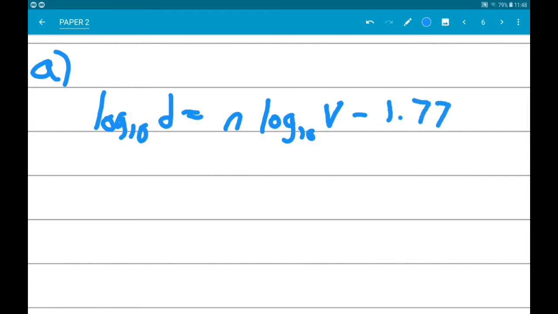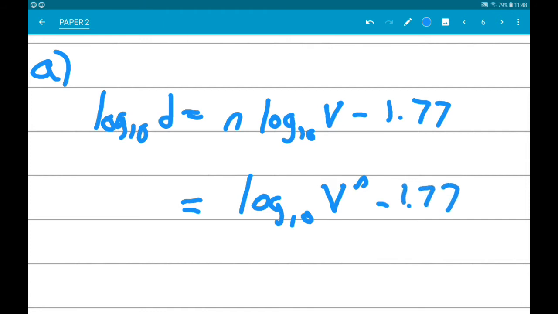Alright, now n log v can be written as a log v to the power n. Alright, now we can get the logs on the same side, so I'm now going to subtract a log v to the n. So when you subtract logs, we divide inside.